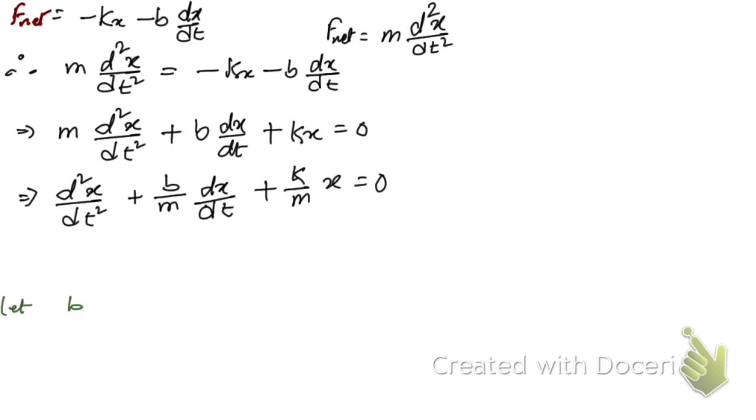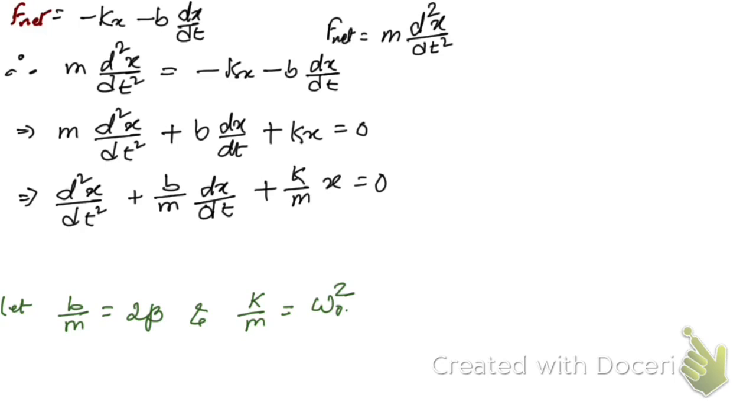Now here you see, let b by m be twice beta. For simplicity we have taken twice beta, that means beta is such a constant that if we multiply it by 2, it gives b by m. And suppose k by m is omega naught square. When there is no frictional force, for harmonic oscillation the frequency omega naught is given by root of k by m. Here the frequency of the damped oscillator will be different.